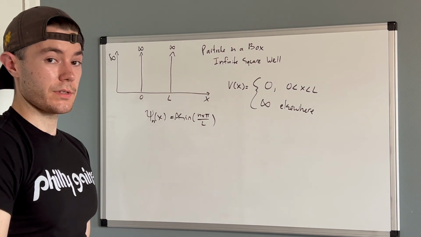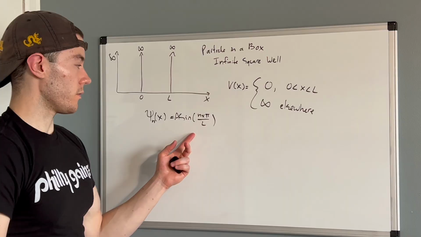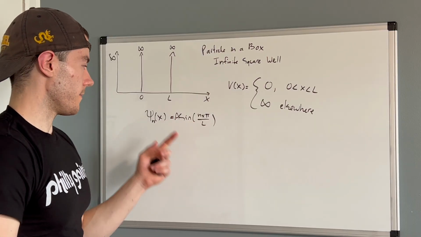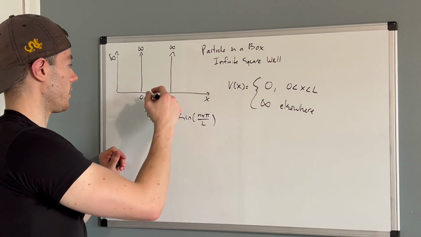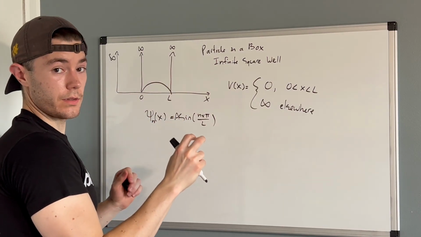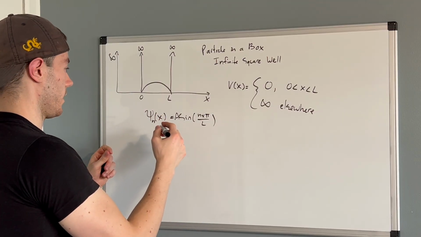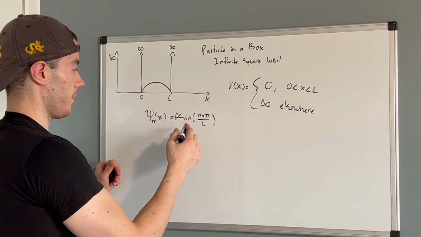So there's a ground state, a first excited state, a second excited state, and those are represented by the quantum number n. Physically, they're how wavy or wiggly the wave function is in space, and how many nodes it has.